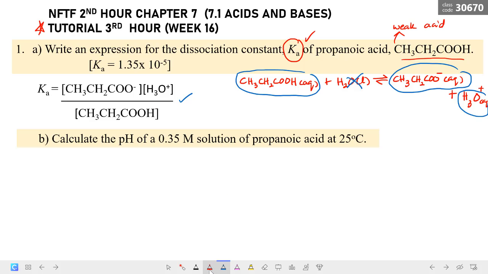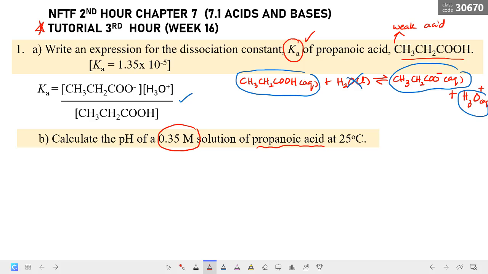Okay, next, we are going to calculate the pH of the weak acid, propanoic acid. Given the concentration of propanoic acid is 0.35 molar. To calculate the pH of a weak acid, we have to solve by using a reaction table.